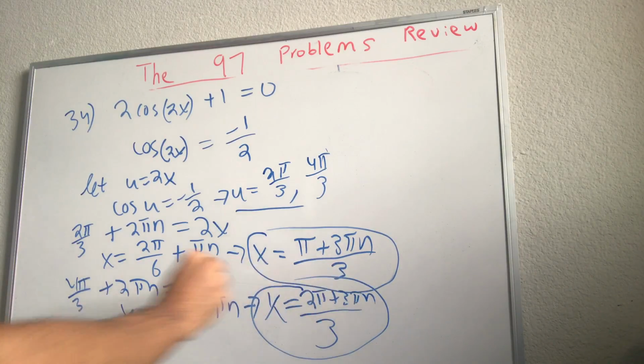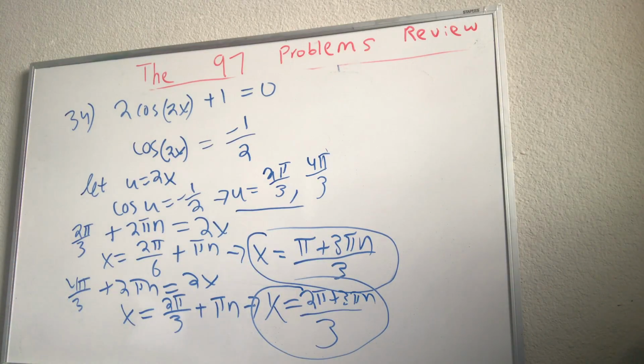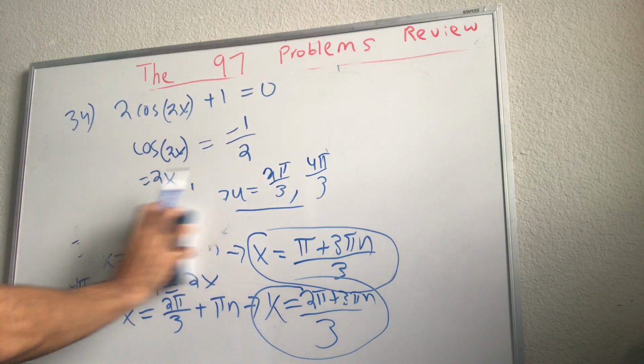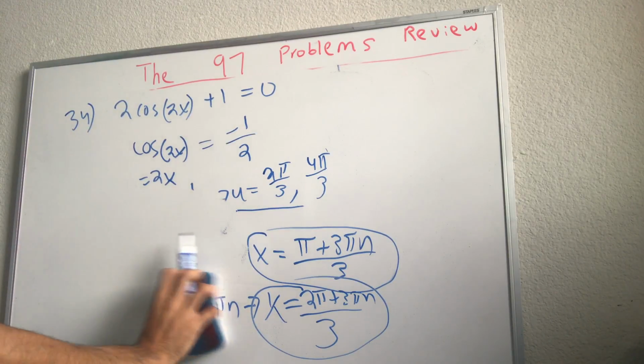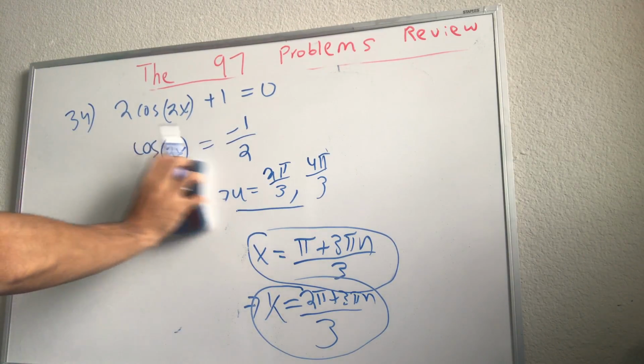So you have these two equations: x is equal to pi plus 3 pi n all divided by 3, and x is equal to 2 pi plus 3 pi n all divided by 3. Now we have our two equations for which we have defined x.